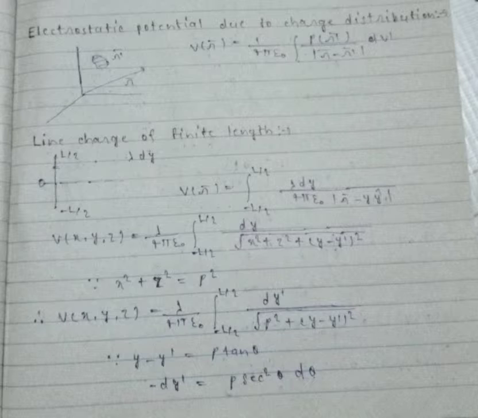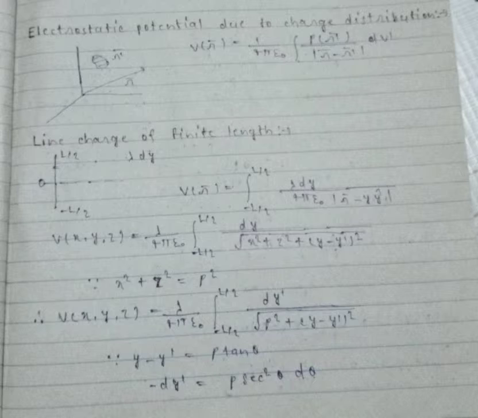So, let us begin with the line charge, and let us say this is given with the center at the origin. The length is from minus L by 2 to L by 2, and now you see the advantage of using potential to calculate electric field later, because in the potential I do not have to worry about any components.